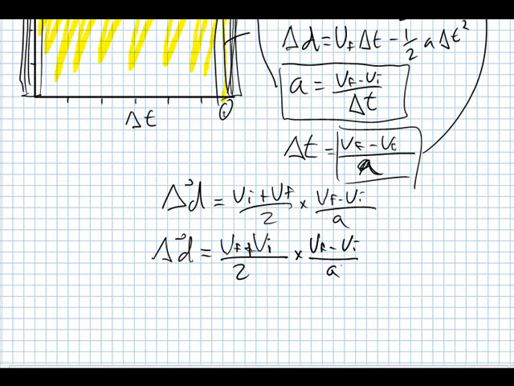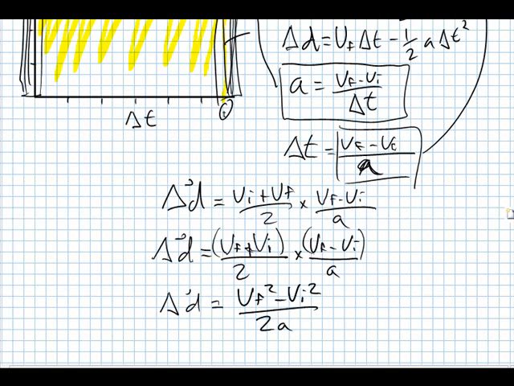And if we remember, anytime we have an addition and a subtraction multiplied together, we get a difference of squares. So our delta d is equal to vf squared minus vi squared over 2a.